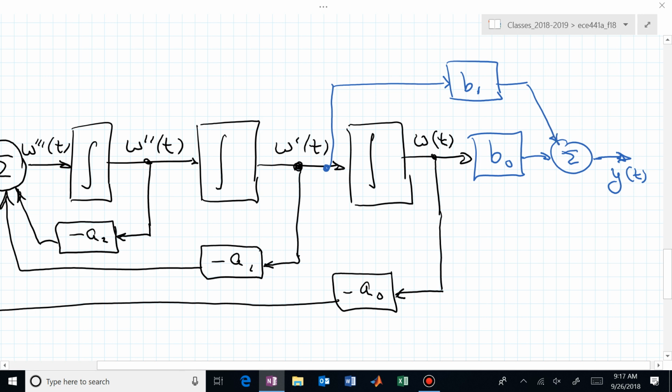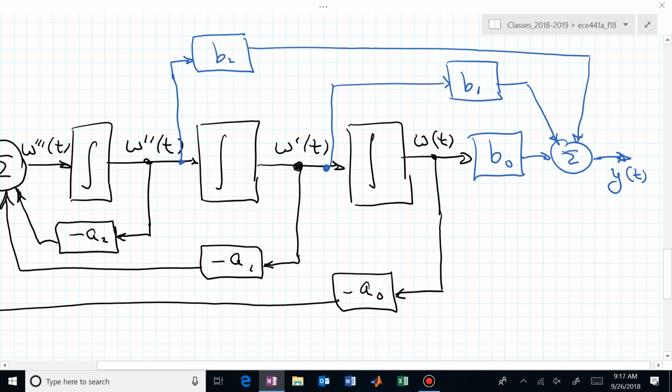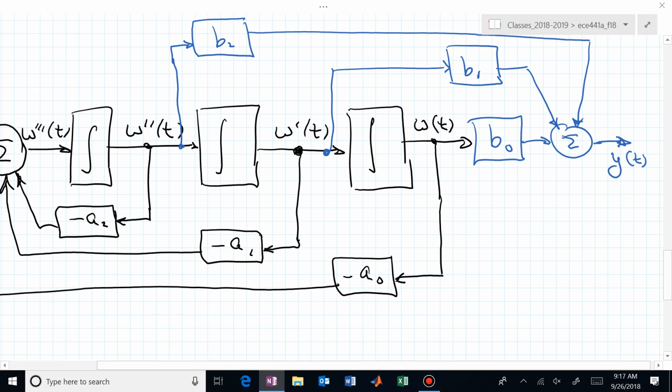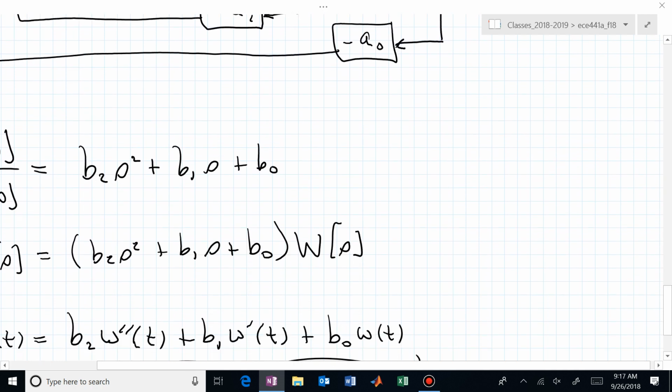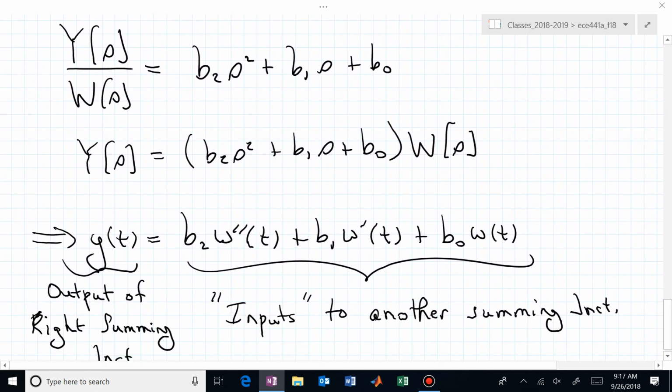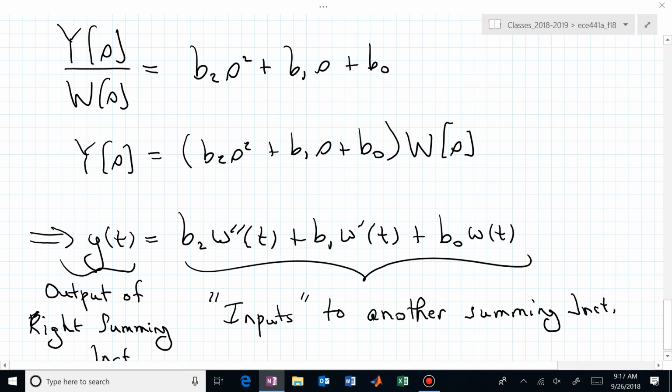And then I have a B sub 2 scaling the second derivative of W. And now I have all of the terms that were on the right side of that most recent output equation formula in terms of weighting with the B's to produce the output Y.